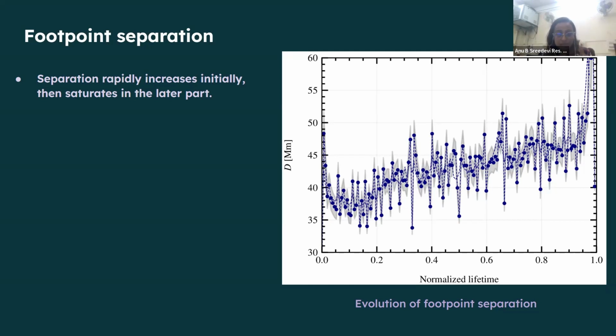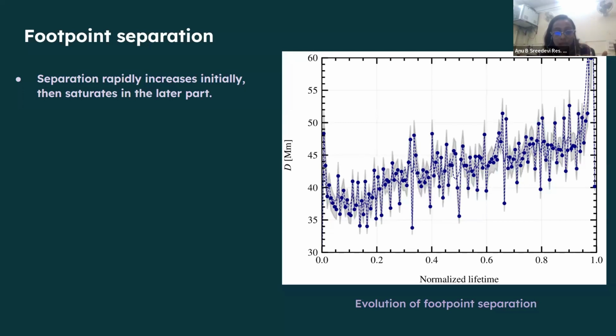Let me remind you, lifetime BMRs are the BMRs which we are tracking from their emergence to their decay time. So mostly they are not that strong BMRs, because if we can track the whole evolution, then it's not that strong. Majorly it's moderately strong BMRs.